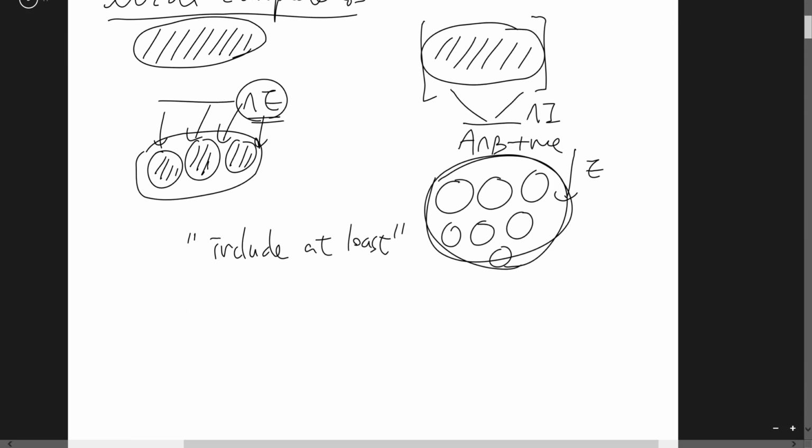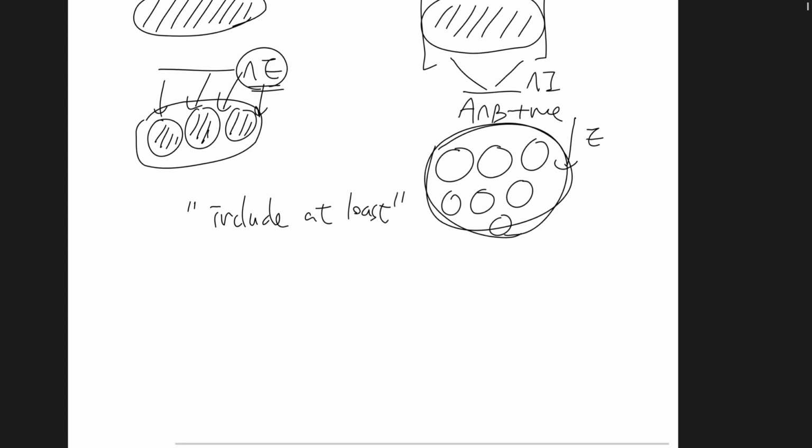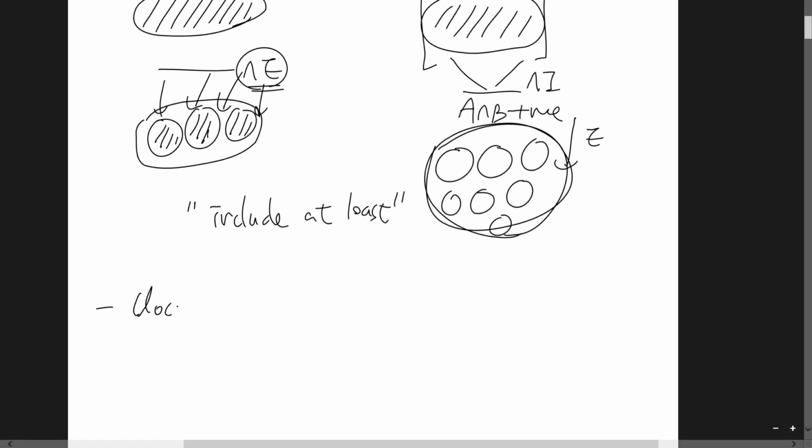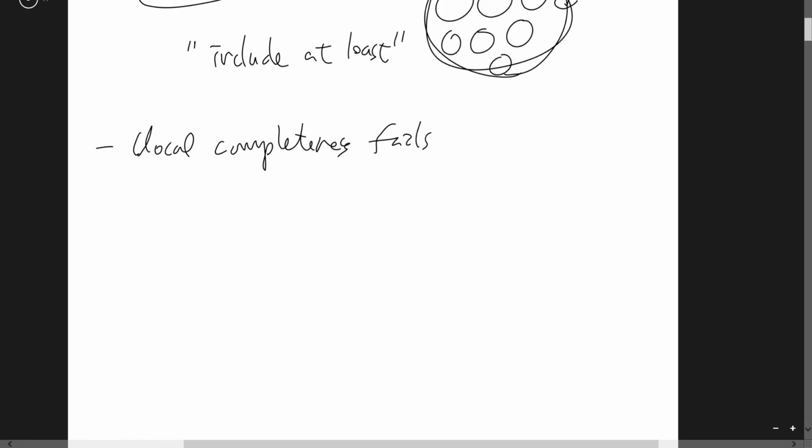Then what happens if local completeness fails? Say local completeness fails. What happens is that you started with this amount of knowledge to construct A conjunction B true.